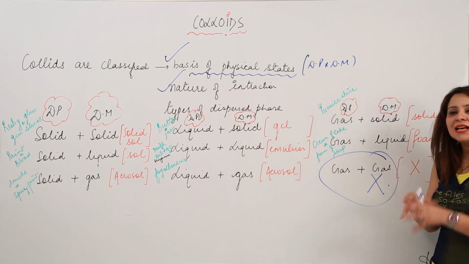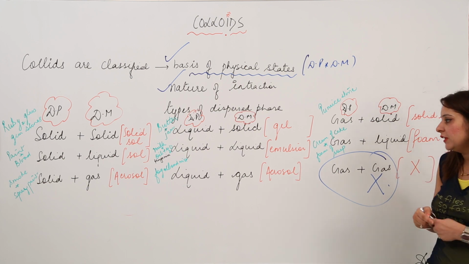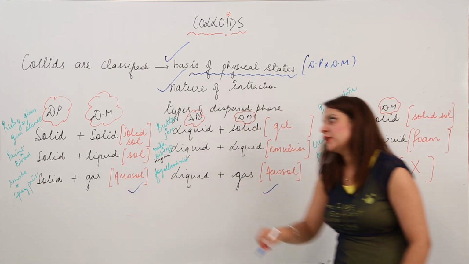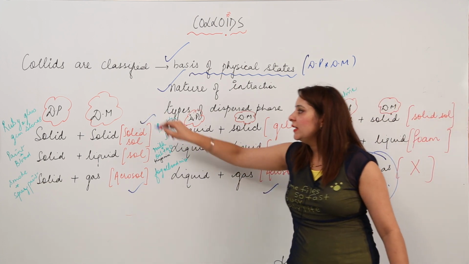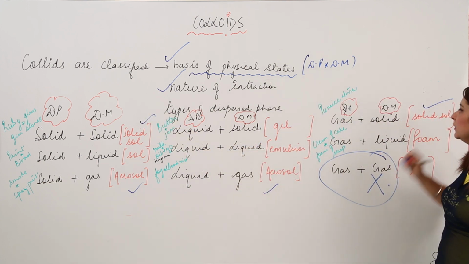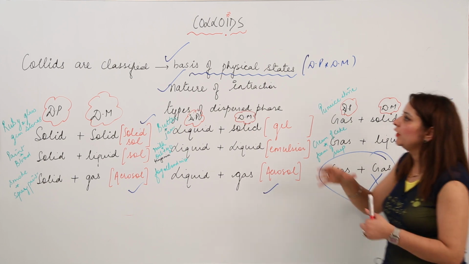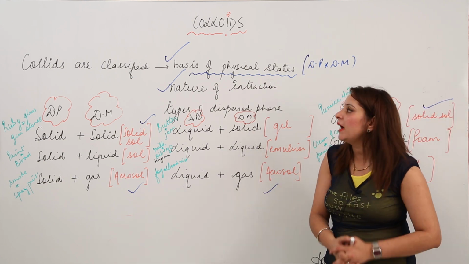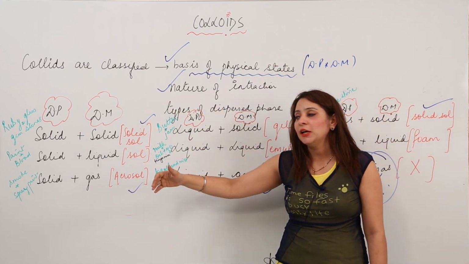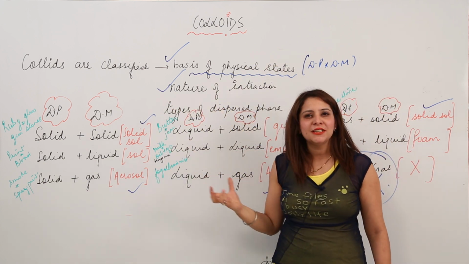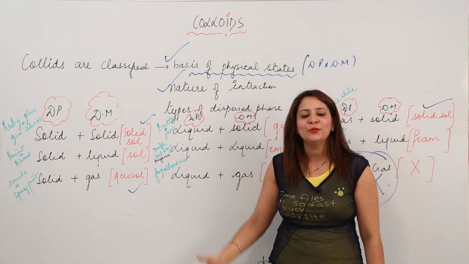So whenever gas is the dispersion medium, the name given is aerosol, as you can see. And when we talk about solid sol, we have two solid sols, solid in solid and gas in solid. So this is how we classified colloids on the basis of physical state of dispersed phase and dispersion medium. Try to remember these examples and try to think of a few more examples.